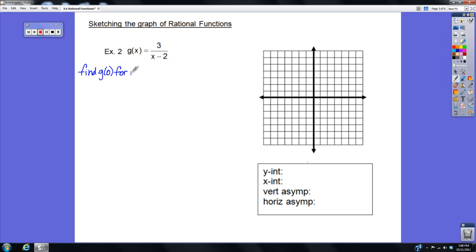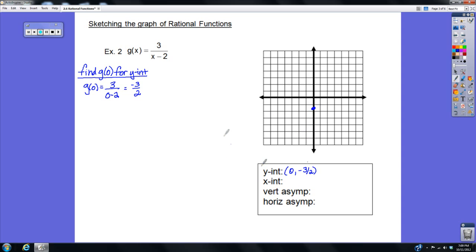That's 3 over 0 minus 2, which comes out to be negative 3/2. So my y-intercept is the point 0, negative 3/2, or negative 1.5. Let's put that on the graph, about right there.